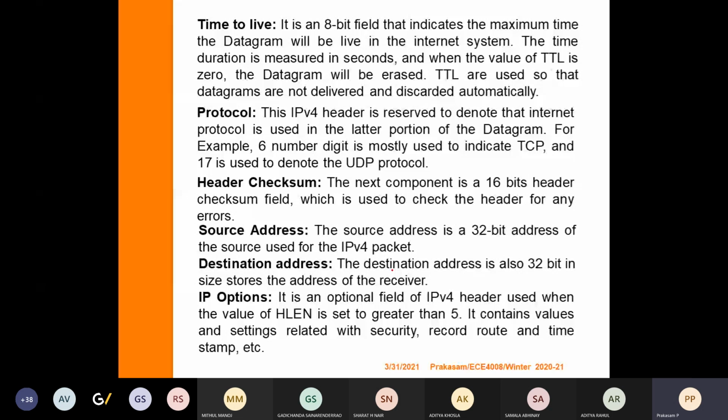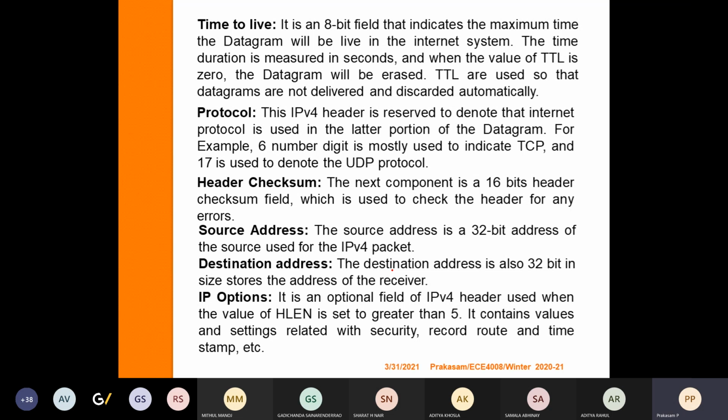Then time to live, which is 8 bits, is used to decide how long the respective datagram will be in the router. If it exceeds, automatically the datagram will be erased or discarded. The next is protocol, which represents which type of protocol we are using, whether TCP or UDP in a higher level layer.